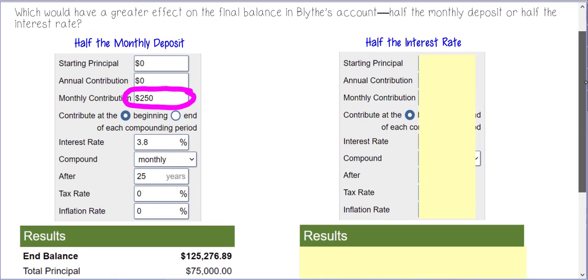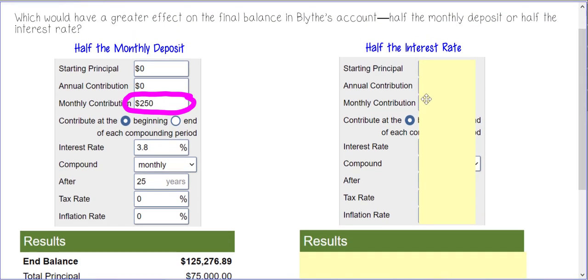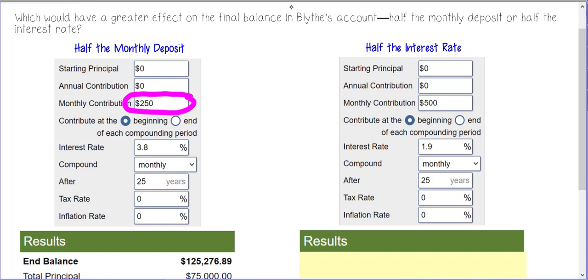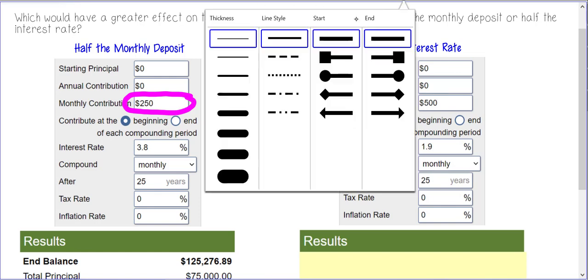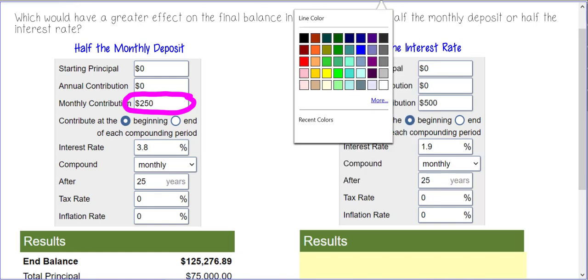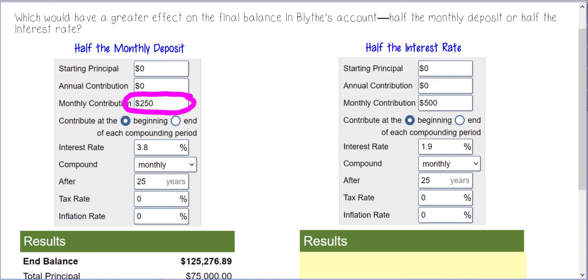Okay, on the next example, we wanted to change half the interest rate. On this one, what changed was the interest rate to 1.9%. The monthly contribution we changed back to $500.